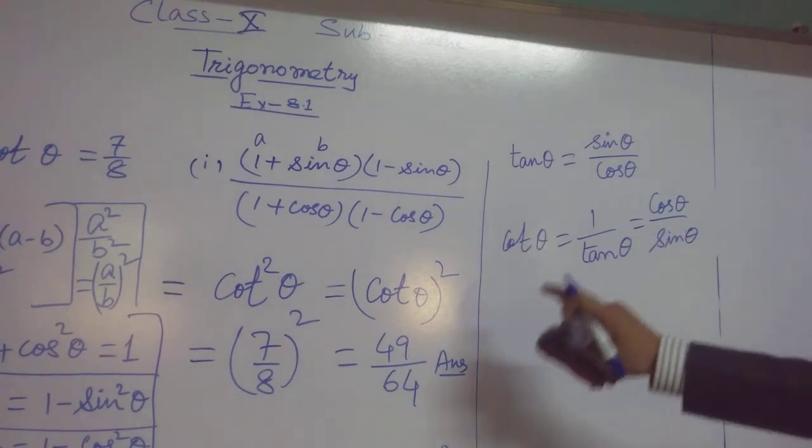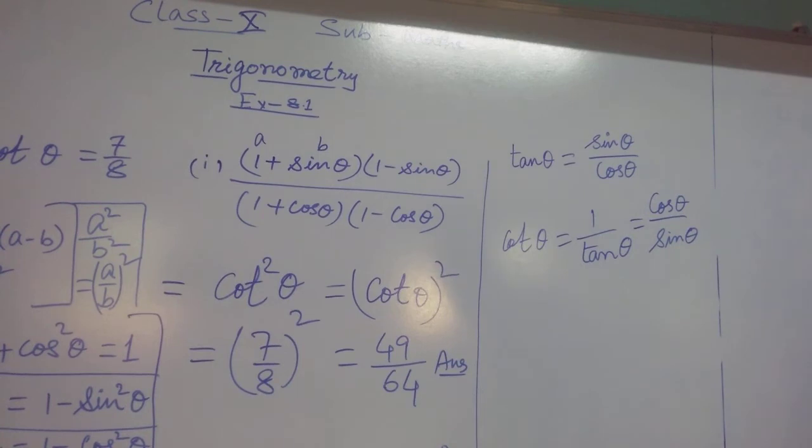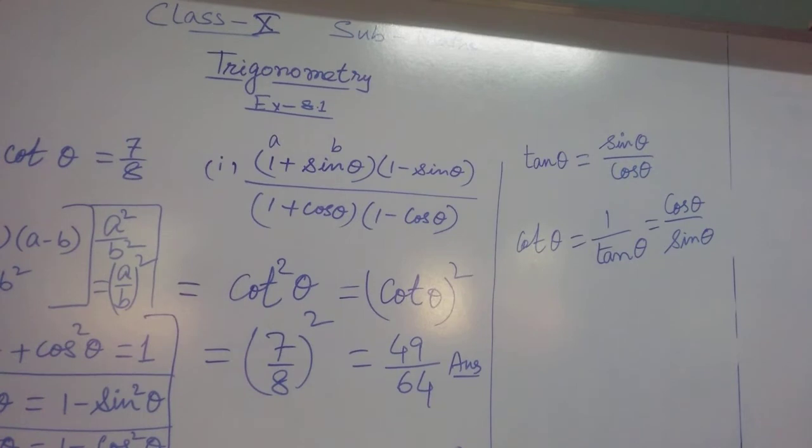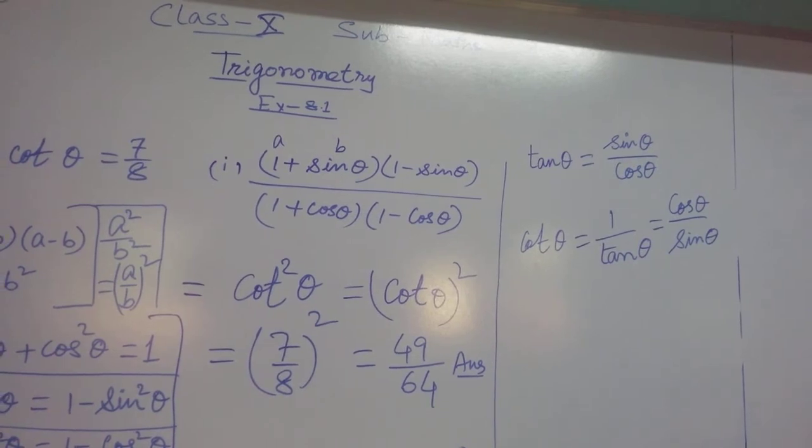This is the answer, cot square theta, 49 by 64. Everybody understood? All right.